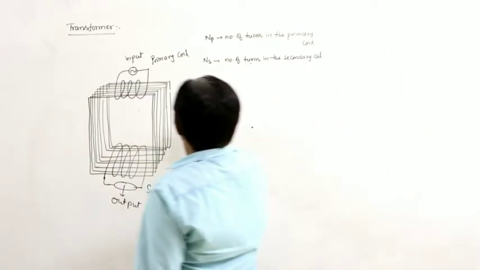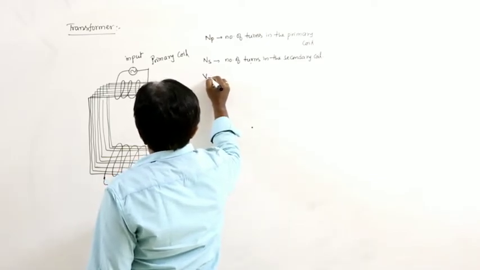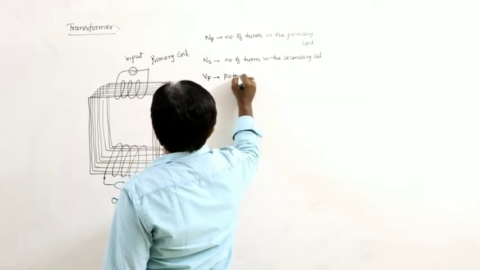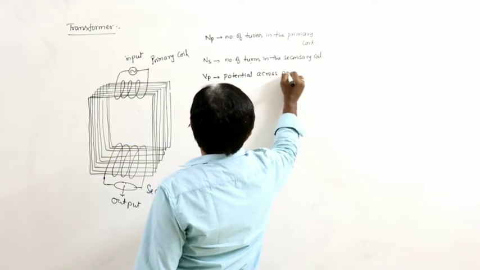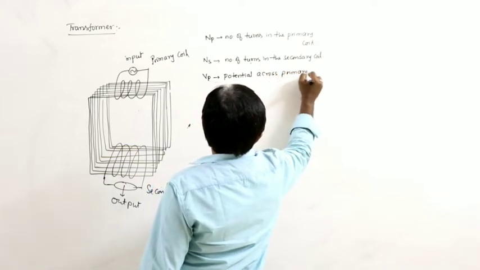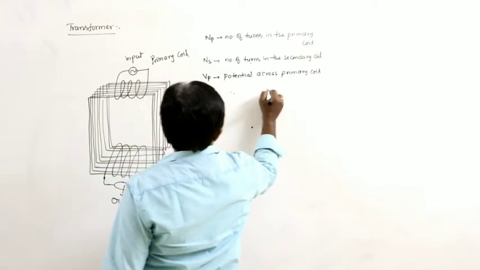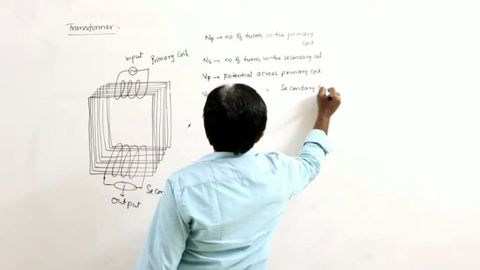So let us say Vp is the potential across the primary coil, and Vs is the potential across the secondary coil.